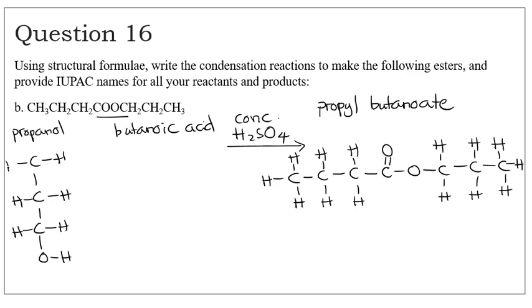Try not to rush it, even though I've been complaining about having to fill in the hydrogen. Try to make it as clear as you can, because if I can't read it, that's bad. This is a terrible working out, by the way, but I don't have enough room in my slide. You cannot get away with this in an exam.